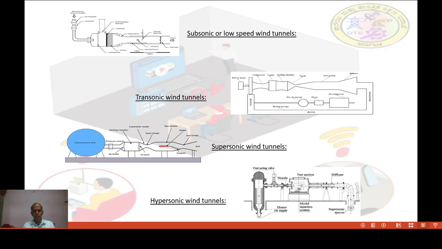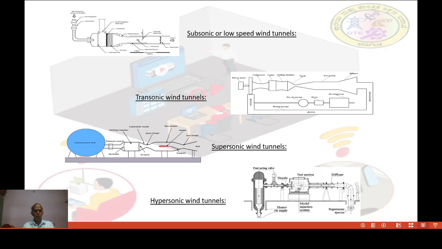Flow speed in wind tunnels is generally expressed in terms of Mach number, which comes out to be around 0.4 in this case. This type of wind tunnel is the most cost effective, means less cost, due to simplicity of design and material. Generally, low speed wind tunnels are found in schools, colleges and universities because of low budget, low cost.